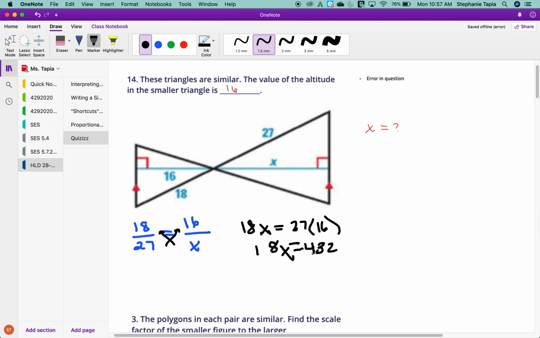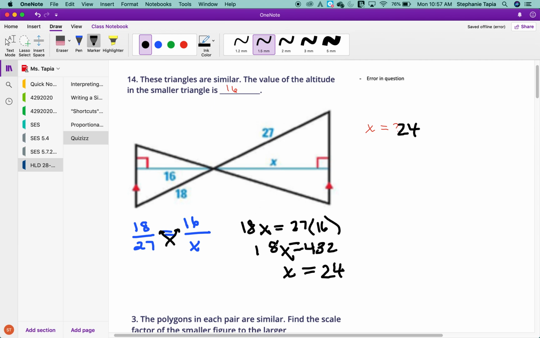And 432 divided by 18 gives us a beautiful 24. So I did get a split amount of people giving both of these answers, but that's because some people answered the question and then some people found x. So that's fine.